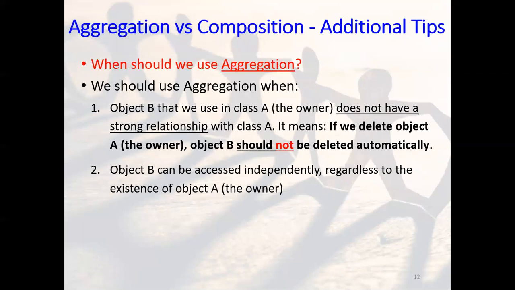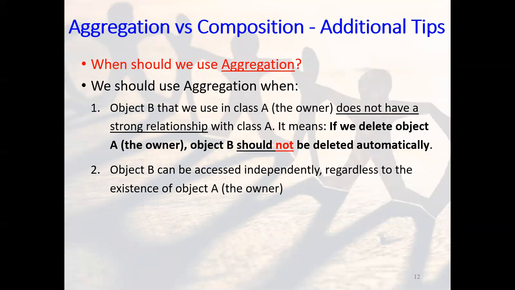Now, as I promised, we will have more discussion on aggregation and composition. When should we use aggregation? We should use aggregation when object A that we use in class A, the owner, doesn't have a strong relationship with class A. Repeating again, if we delete the parent, the child should not be deleted automatically.